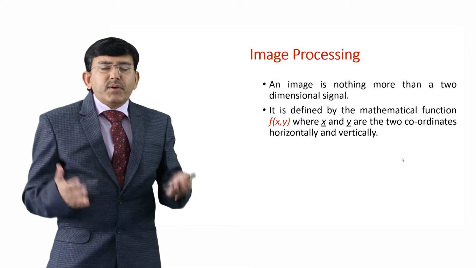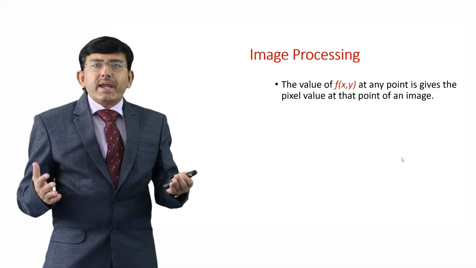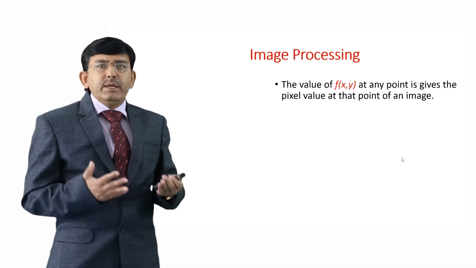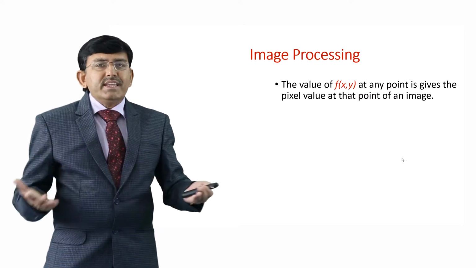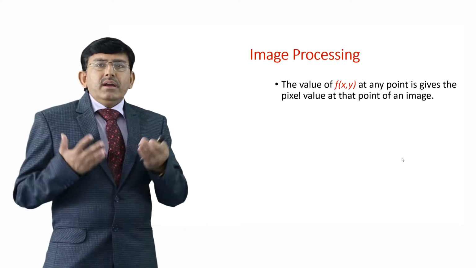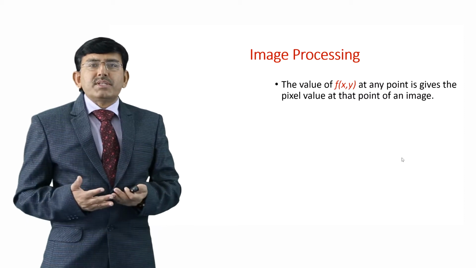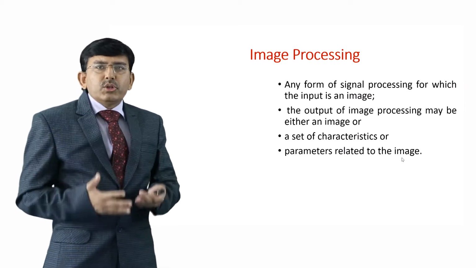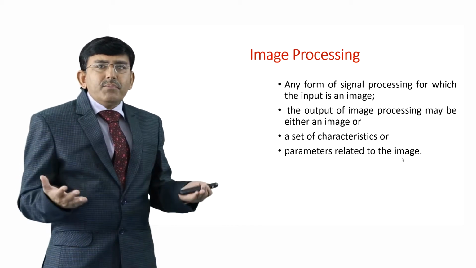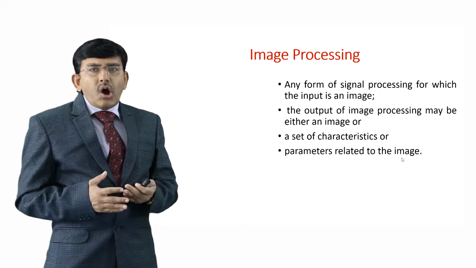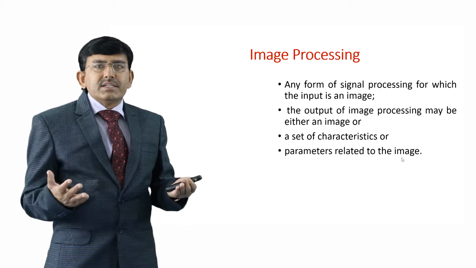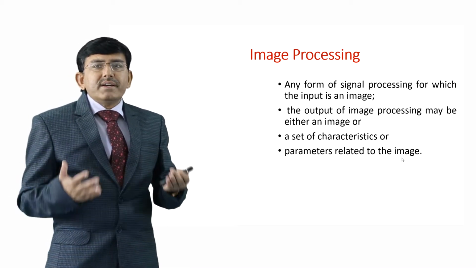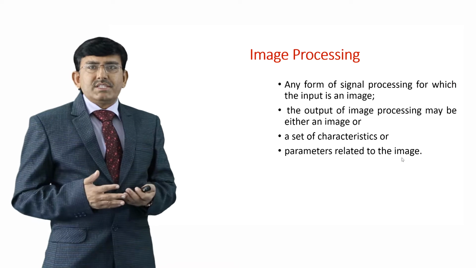The value of f of x y at any point gives the pixel value at that point within the image. In any form of signal processing for which the input is an image, the output of image processing may be either an image or a set of characteristics or parameters related to the image.